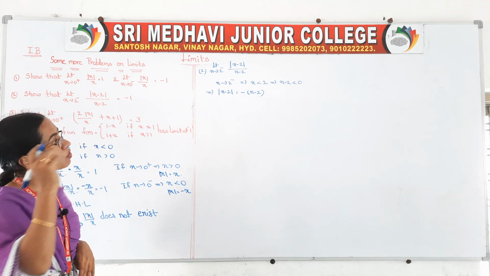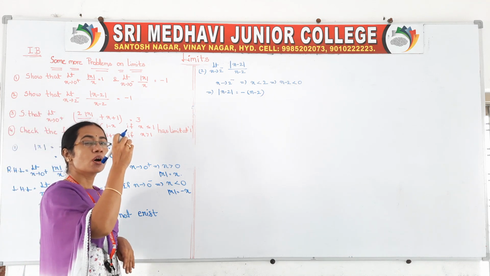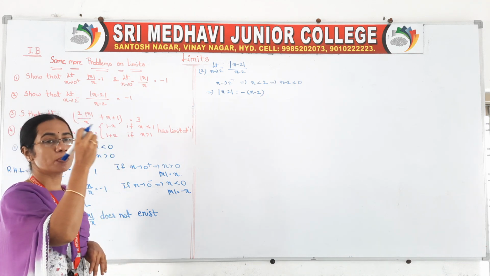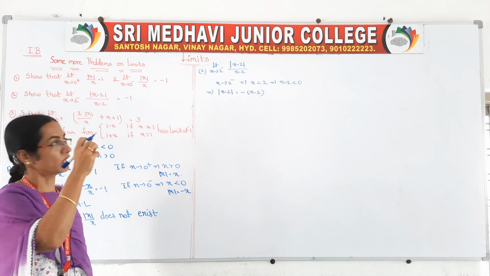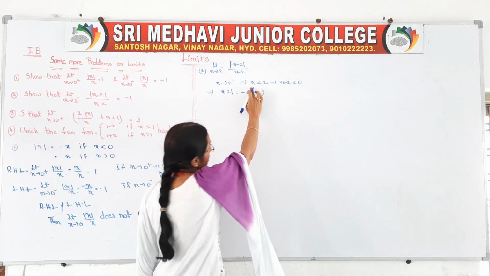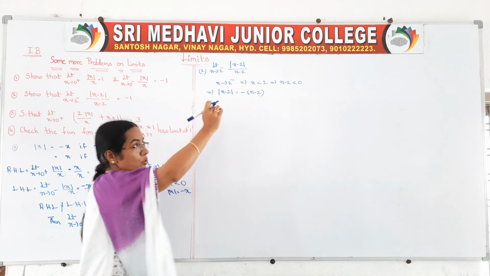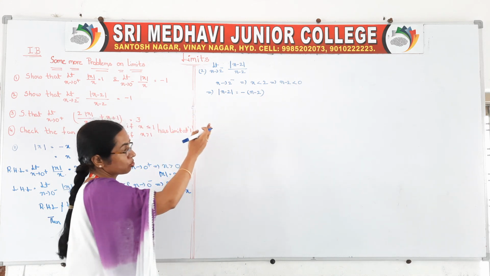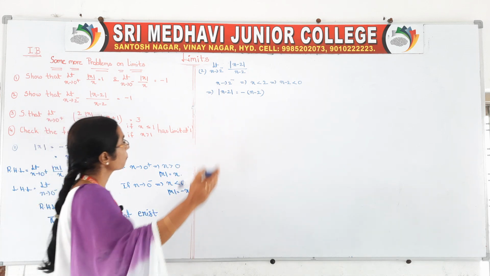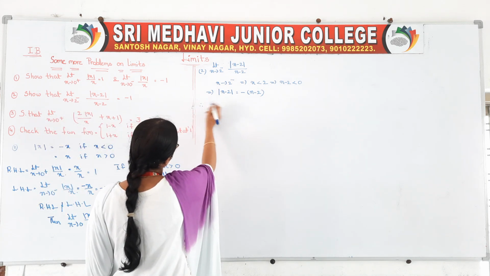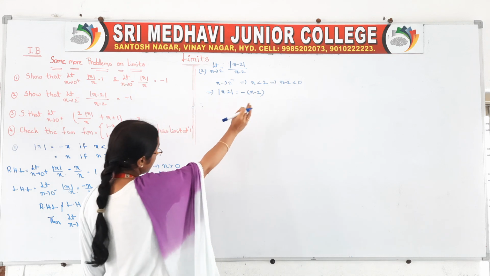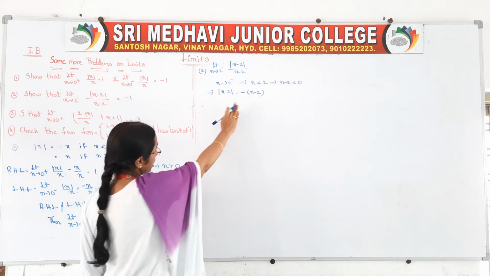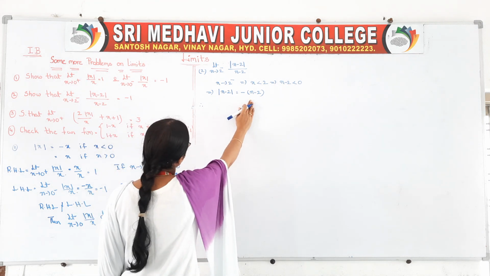x tends to 2 minus means a value slightly less than 2, so x is less than 2. Bring 2 to this side, x minus 2 is less than 0. Therefore, whenever any value is less than 0, its modulus is minus of that value.